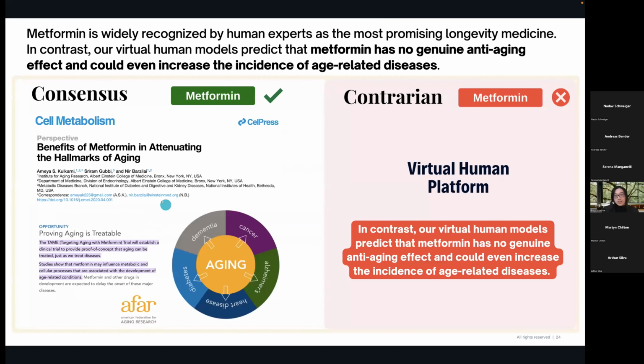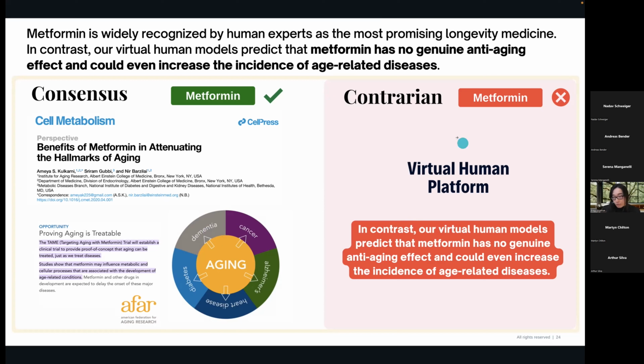And when it comes to toxicity, we also had a very strong validation with metformin, the old small molecule drug for type 2 diabetes, which has been widely regarded as a promising longevity medicine candidate for preventing the onset of age-related diseases. Using our platform, we evaluated metformin in the case of longevity medicine, which means that metformin should be dosed to healthy populations in order to evaluate primary endpoints like the incidence of age-related diseases like cancer, dementia, and so on.